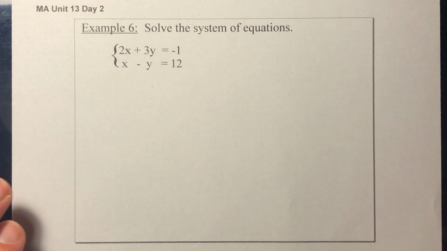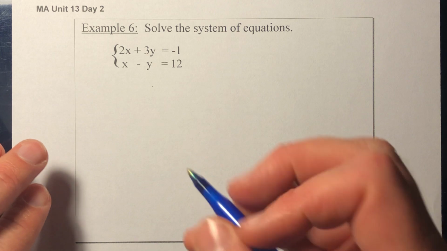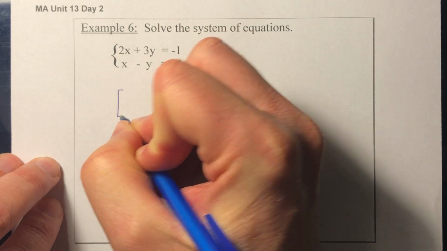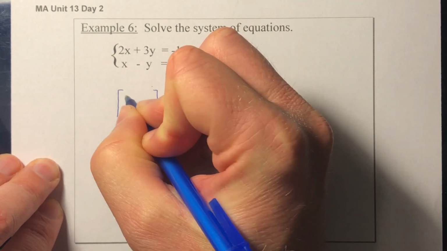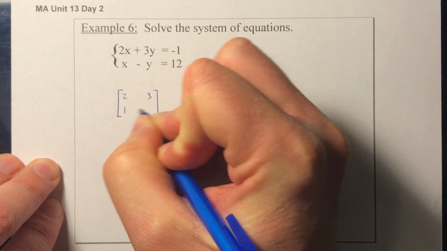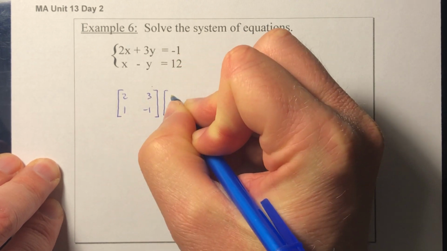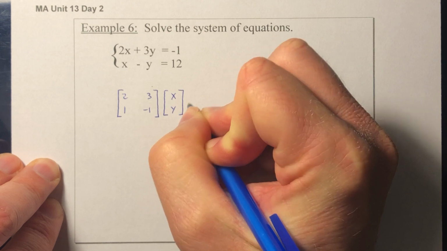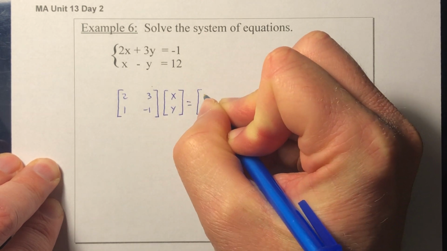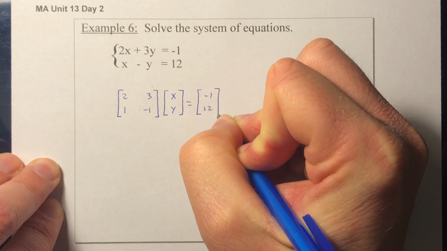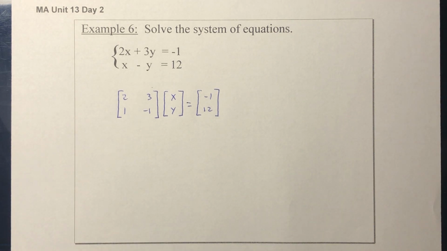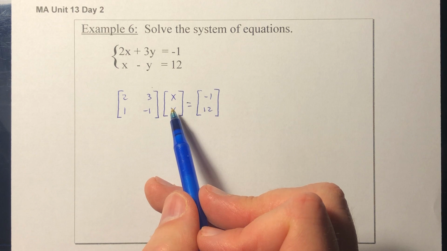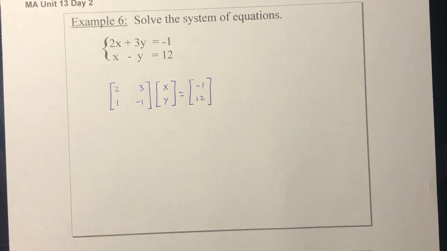Example 6. Now we're actually going to solve this. Let's go ahead and set it up first. Okay, so there's your coefficient matrix, the variable matrix, and then your constant matrix.